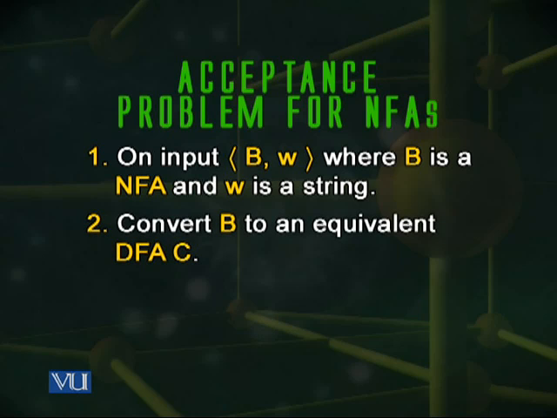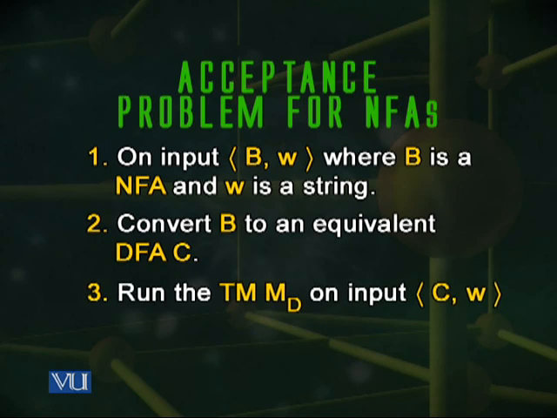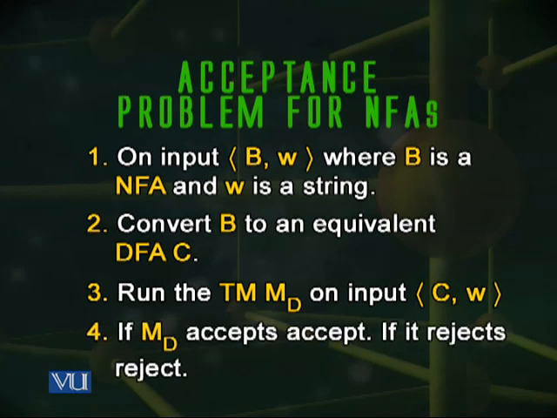We will convert B to an equivalent DFA C. Now we will run our previous machine, the machine that we designed for testing if a string is accepted by a DFA, on the input <C, w>. If that Turing machine accepts, we will accept this input, otherwise we will reject.